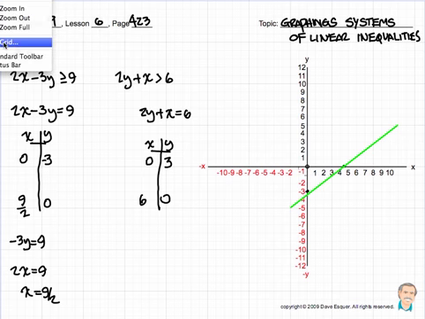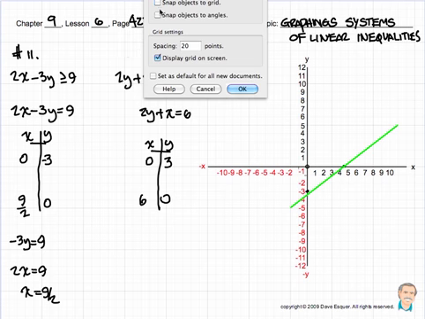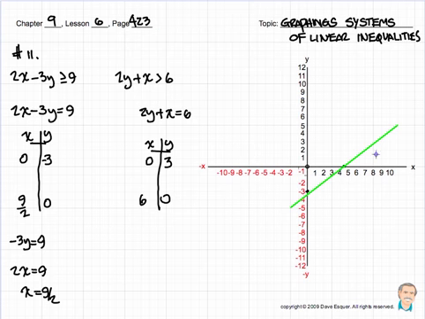I'm trying to remember if I could. Oh, I could unsnap the grid, so let's try that again. So I'm going to get rid of this line. I'm going to redraw it now that I've unsnapped it. Oh shoot. Let's try it again. So that's what that line looks like.